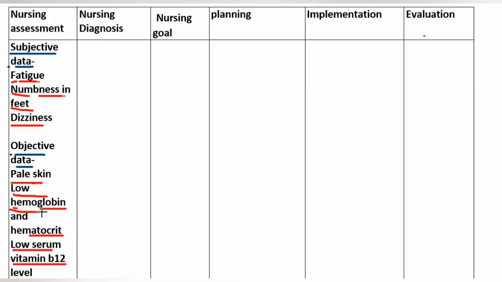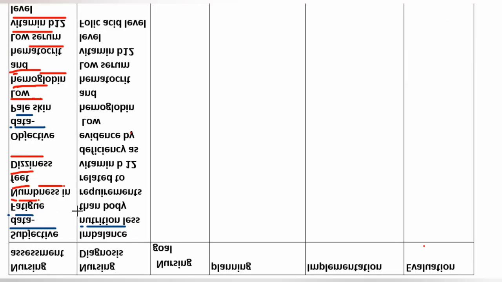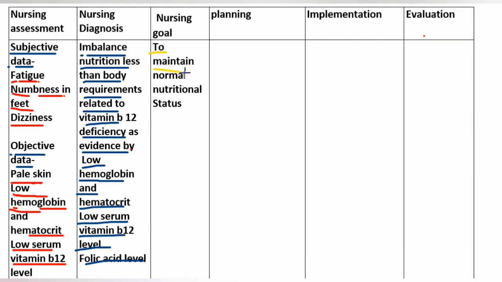Nursing diagnosis: imbalanced nutrition less than body requirements related to vitamin B12 deficiency as evidenced by low hemoglobin and hematocrit count. Goal: to maintain normal nutritional status.